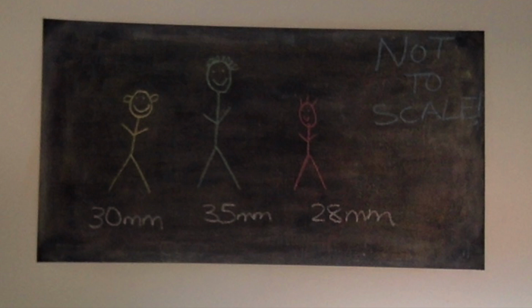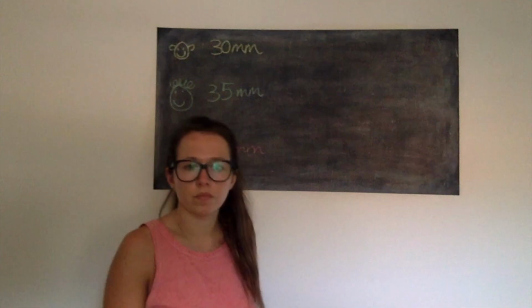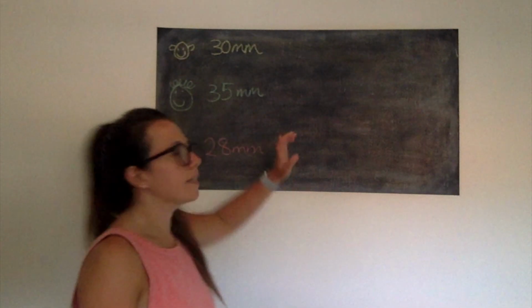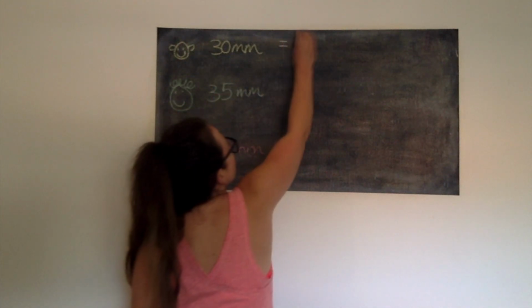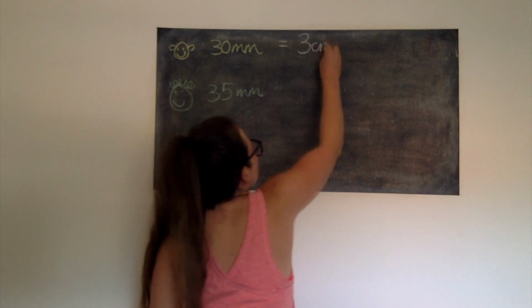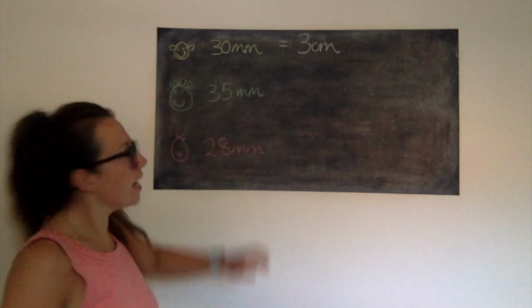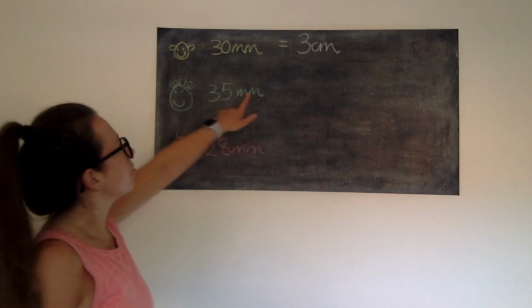Now I want us to go back to our characters that we had at the start. See if you can have a go at turning these millimetres into centimetres. So the first one we did together, so this smiley one was 30mm, which we said was the same as 3 centimetres. Now the next one was 35mm.